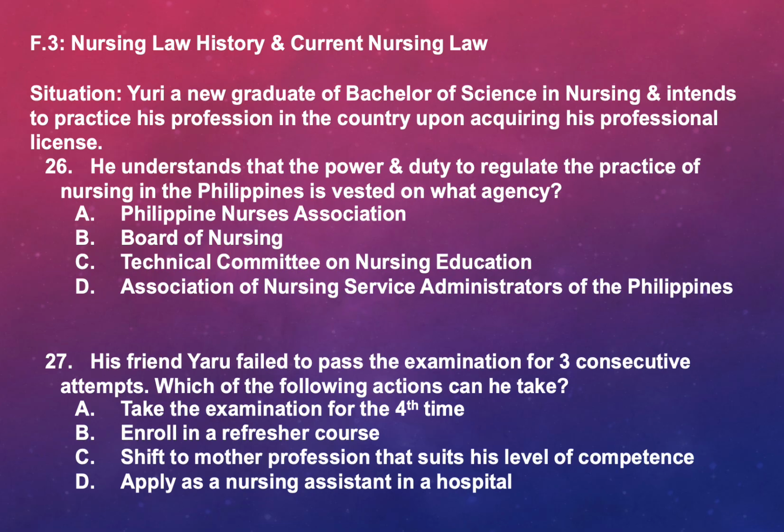Take the examination for the fourth time, enroll in a refresher course, shift to another profession that suits his level of competence, or apply as a nursing assistant in a hospital. Of course, in our current nursing law, there are no limits on the board exam, so you can take it anytime, or you can take it unlimitedly. The answer, alpha. You have to take the examination for the fourth time. No need for refresher because that's not mandatory in RA 9173.